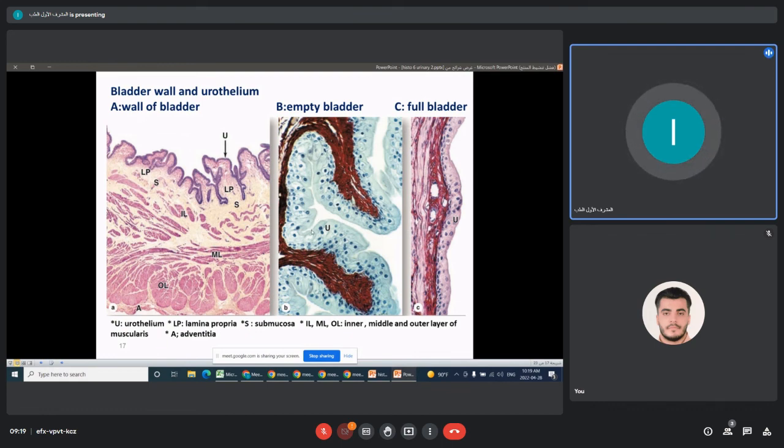The specialized feature of the urinary bladder epithelium is that the lining umbrella cells, the most superficial layer of the urothelium, have extensive intercellular complexes. Between these cells there are complexes formed by hinged areas. These hinged areas are formed by proteins called uroplakin.